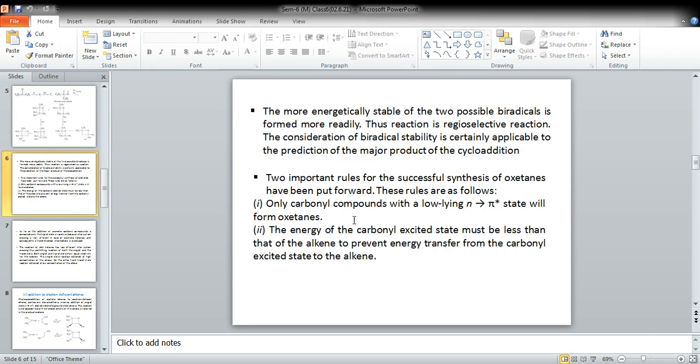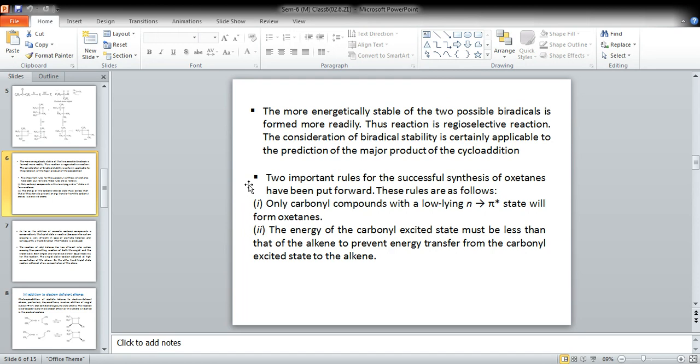Now, see here why it is so. Again, I'm explaining by this slide. The more energetically stable of the two possible biradicals is formed more readily. In the earlier slide, the tertiary free radical is energetically more stable, that's why it is formed more readily, giving the major product.